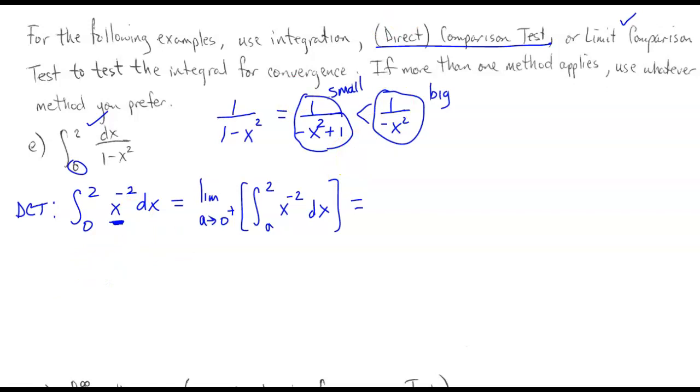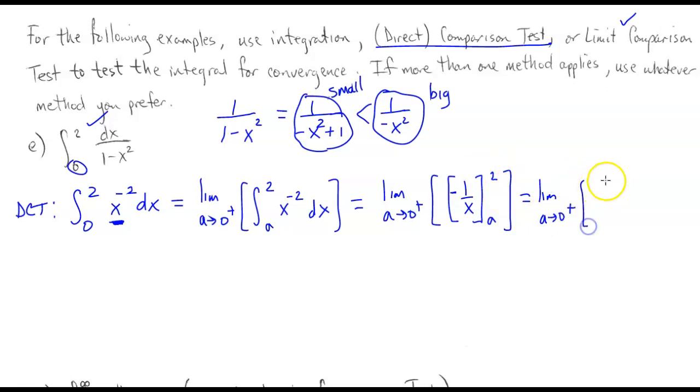Now we can write the limit as a approaches 0 from the right of negative 1 over x, evaluated from a to 2. This will end up being negative 1 over 2 minus negative 1 over a, and of course, that subtracted negative is the same as addition here.